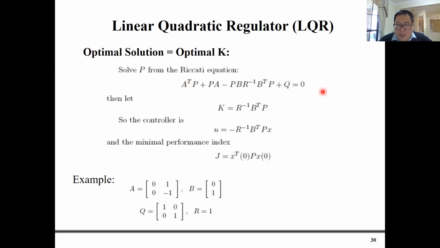From the Riccati equation, all the matrices are known except P. Then the second step is you substitute P into here to calculate K. After you have K, you can calculate U. And you can also calculate the minimal performance index. So that's the linear quadratic optimal control.